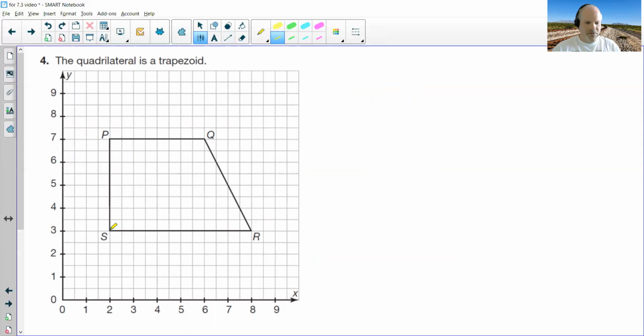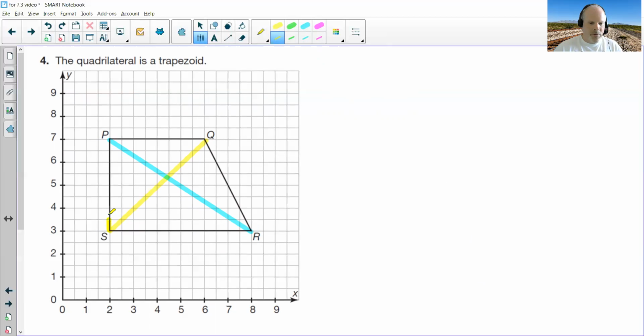I have one that goes from S up to Q, and then I have another one that goes from P down to R. Now I'm going to complete the right triangles that I can use in my Pythagorean relationship.